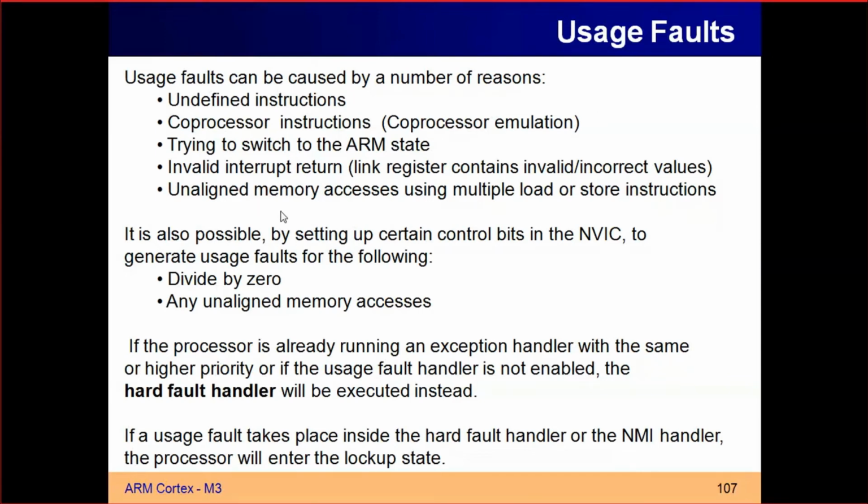Last one is unaligned memory access using multiple load store. I have told that whenever you are using multiple load store, the access will be aligned memory access, always one word or one half word. Only in the aligned manner the address will be occurring. Generally it will be word oriented, STM and LDM. But if we are trying to access it in an unaligned manner, usage fault will occur.